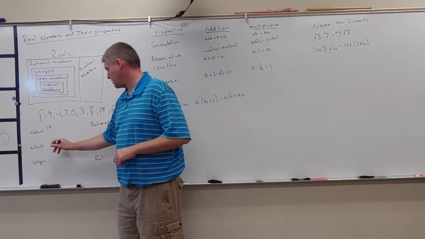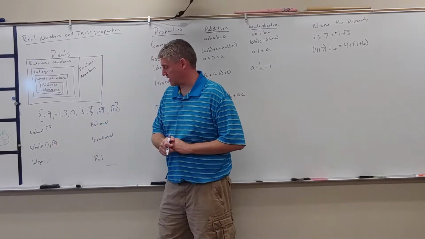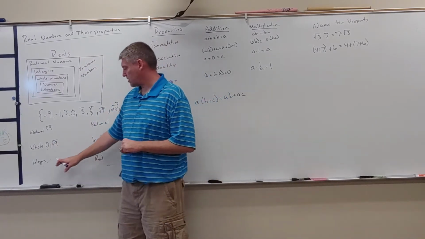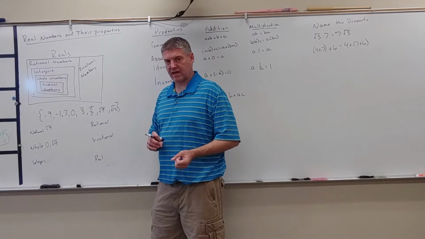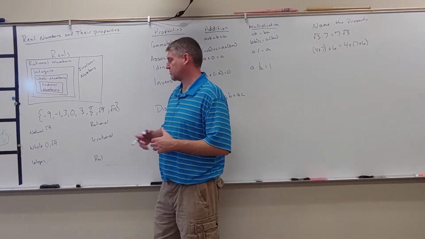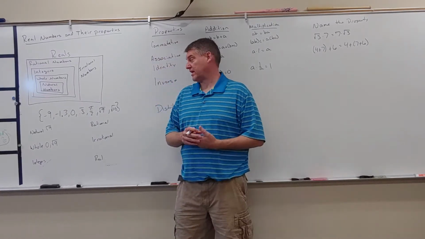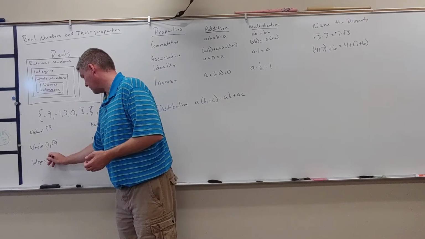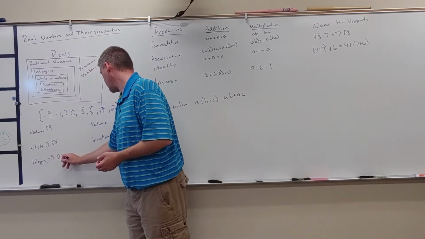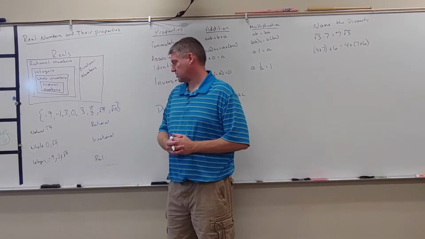So if I look here, here's 0, and I have the square root of 9, because the square root of 9 is 3. Now, integers are negative natural numbers, so the negation of the natural numbers, and 0. So I look at all the numbers that don't have a decimal. So -9, 0, square root of 9. Those are all my integers.